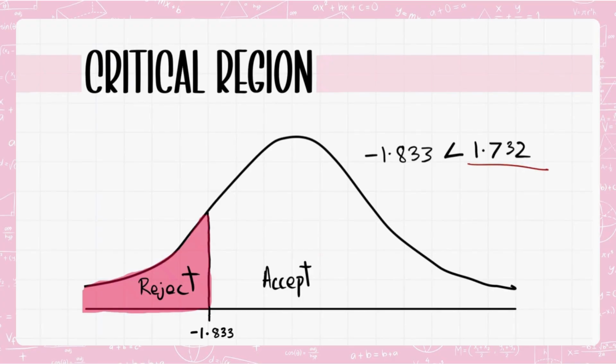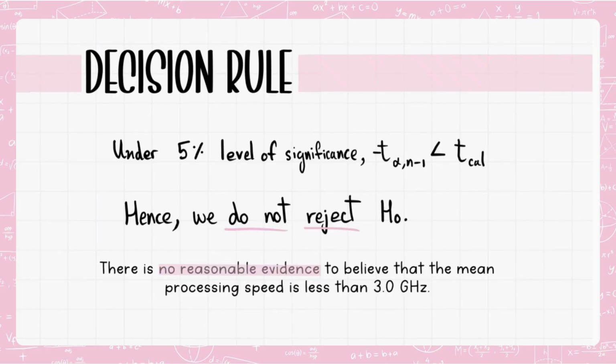If it's on this side, we don't reject it. So let's say 0 will lie somewhere in the middle. So 1.732 will be somewhere around here approximately. For this question, your answer is we do not reject H0, which is your null hypothesis. And you can conclude that there is no reasonable evidence to believe that the mean processing speed is less than 3.0 gigahertz. And that's it.